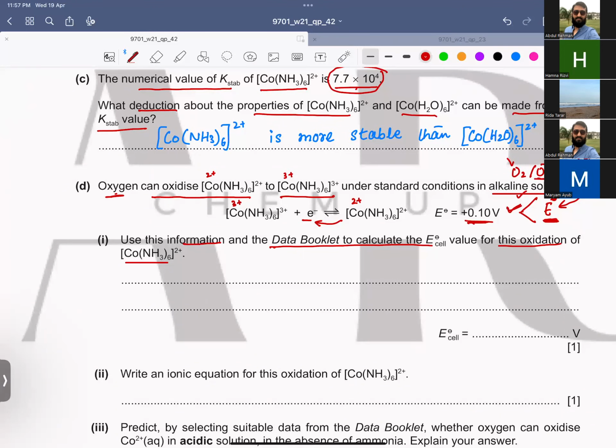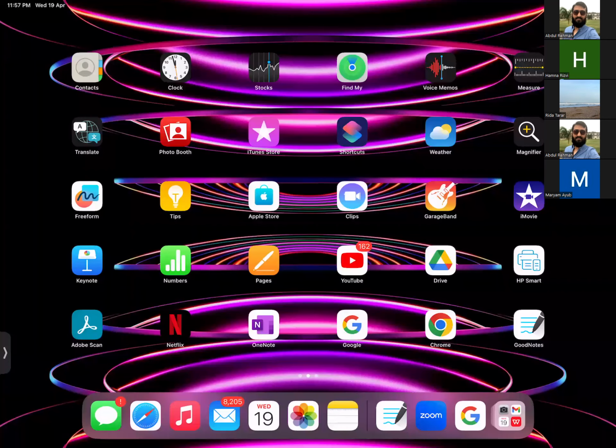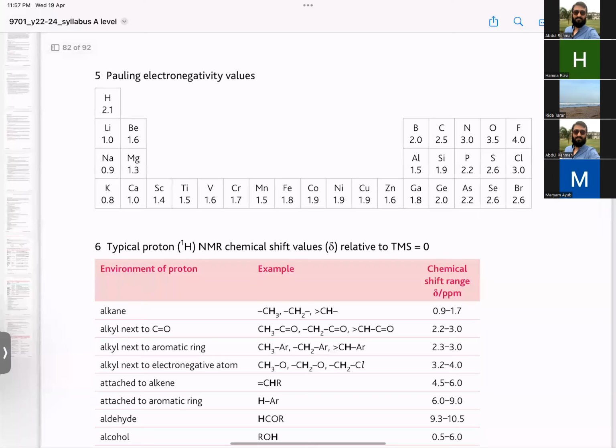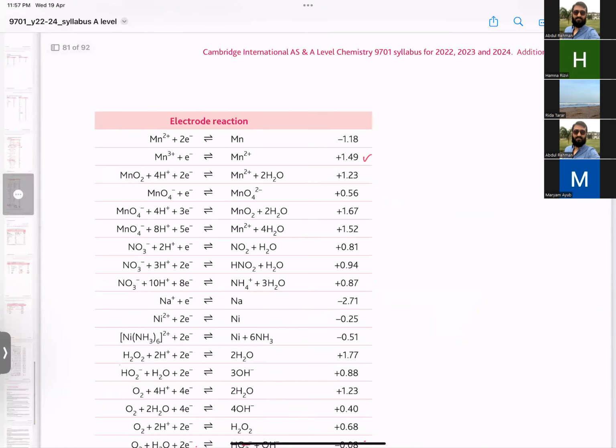Now let's have a look at the data booklet first.